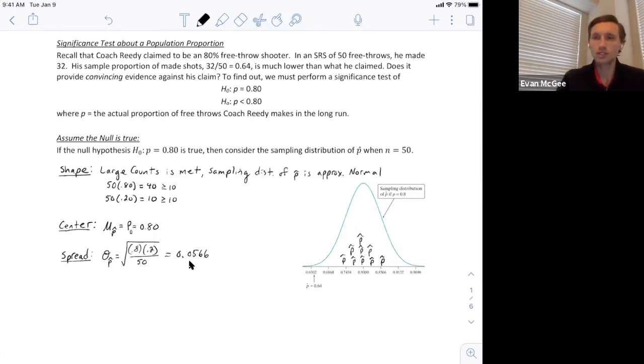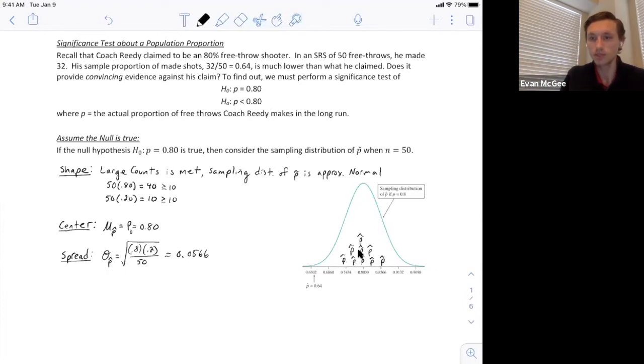So just to refresh on what a sampling distribution is, it's the distribution of all possible samples of size 50. So if Coach Reedy shot all his shots possible and we randomly selected samples of size 50 and plotted the proportion of each of those, that's what this sampling distribution is.